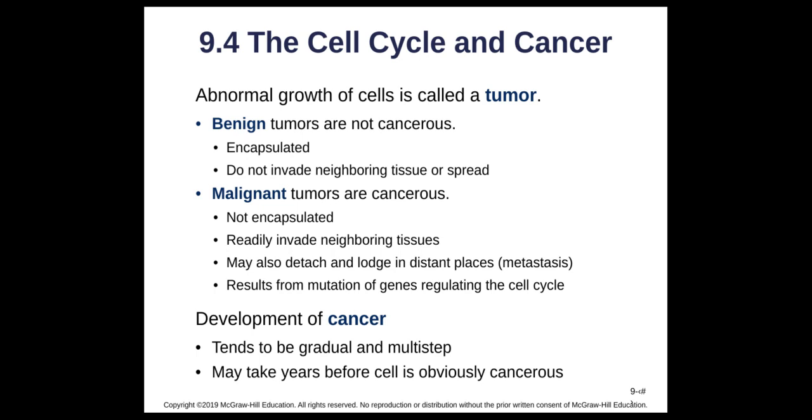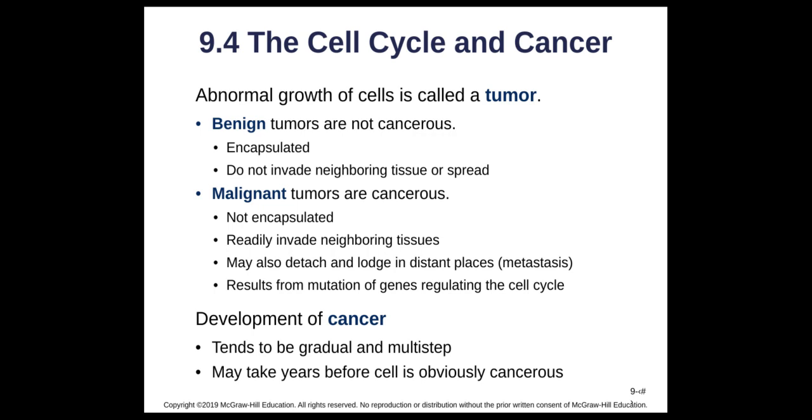And really, what that ends up meaning is that abnormal growth in cells is what we call a tumor. And in order for those cells to grow, they go through the cell cycle. So, at its very core, cancer is just this error, this mess up in the cell cycle.